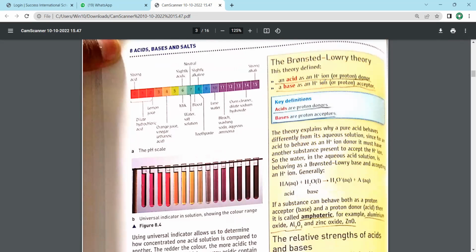This theory defines an acid as an H positive ion, or you can say proton donor. Why do we call this proton? Ahmad, Musab and Amro, you both know, because I explained this, I think, in the second lecture. H positive ion, why do we call this a proton?